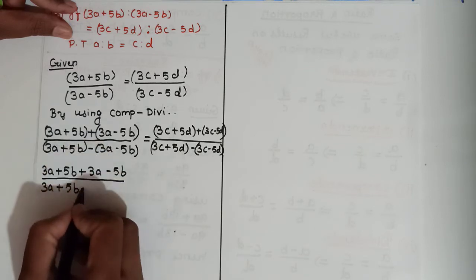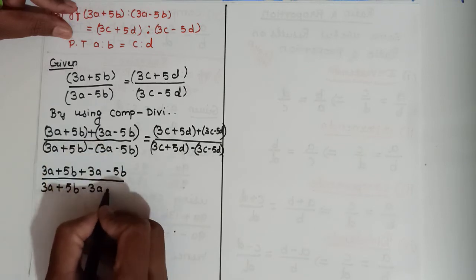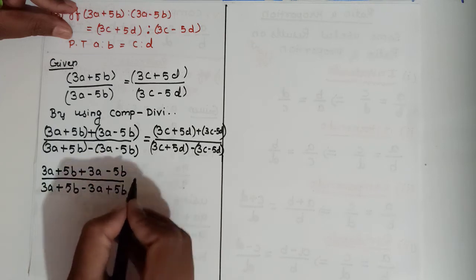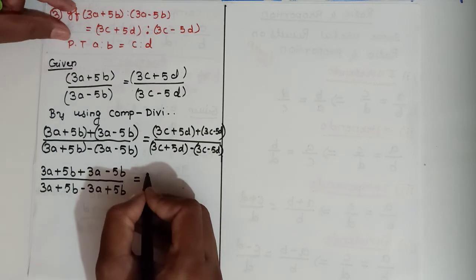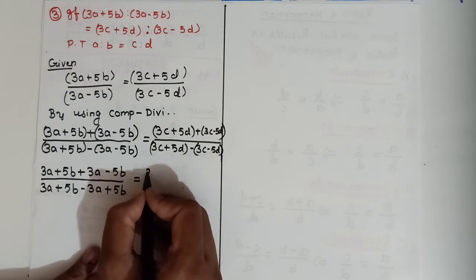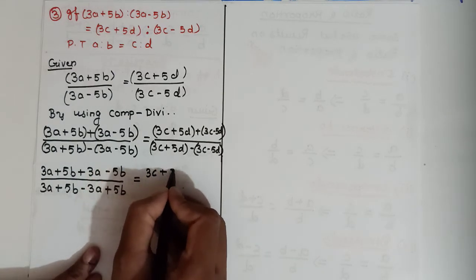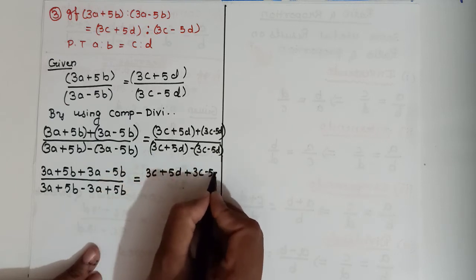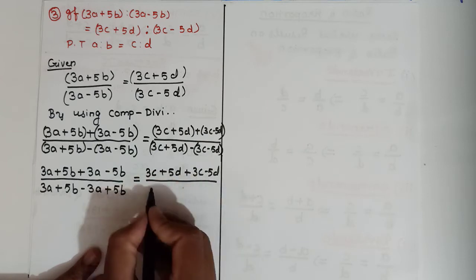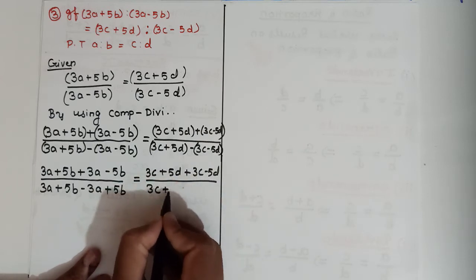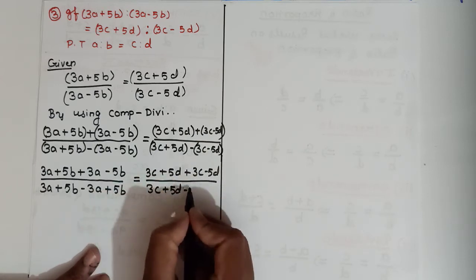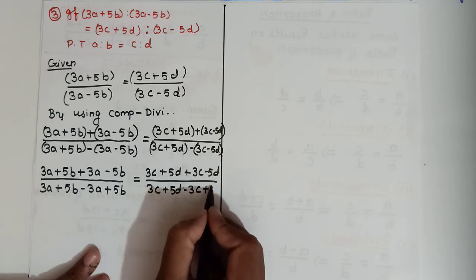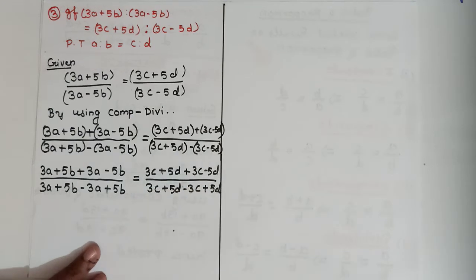Now this will become minus 3a, and minus will become plus, so plus 5b equals 3c plus 5d plus 3c minus 5d divided by 3c plus 5d minus 3c plus 5d.